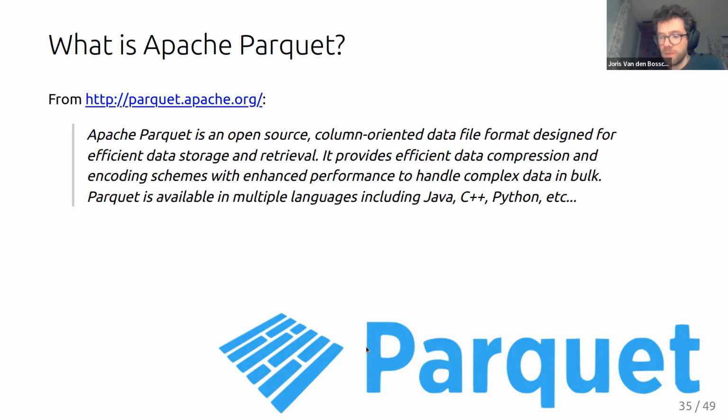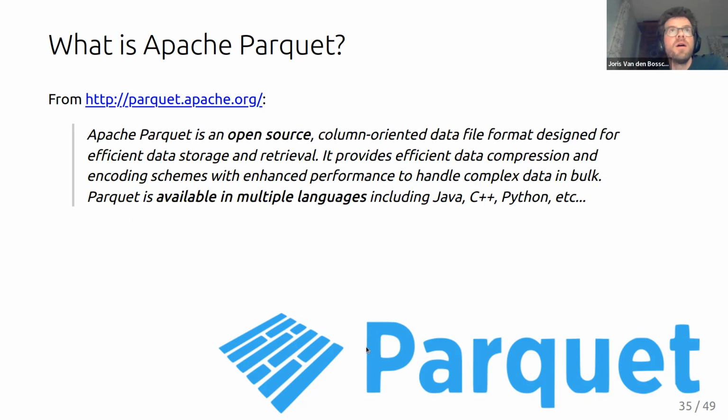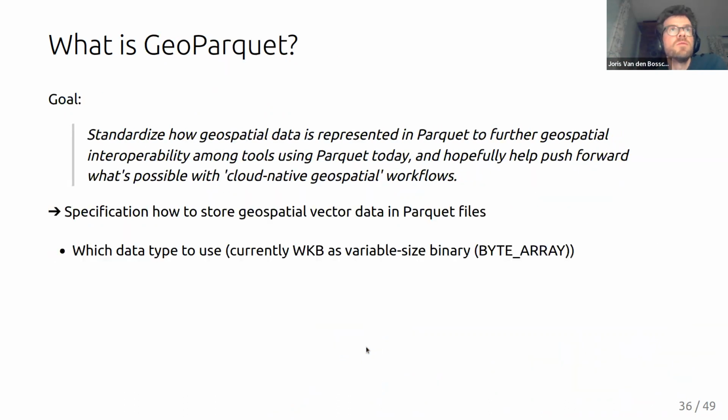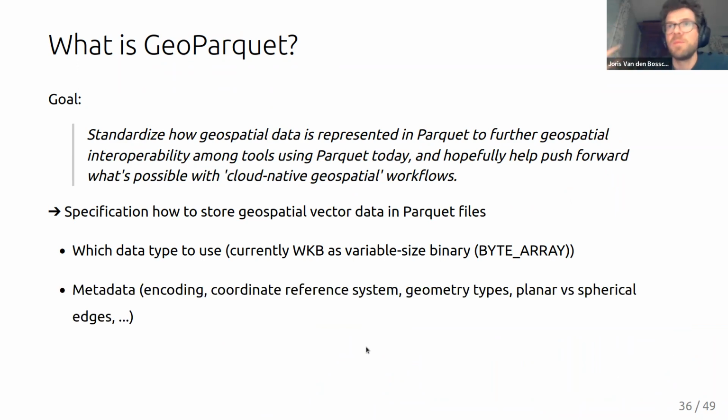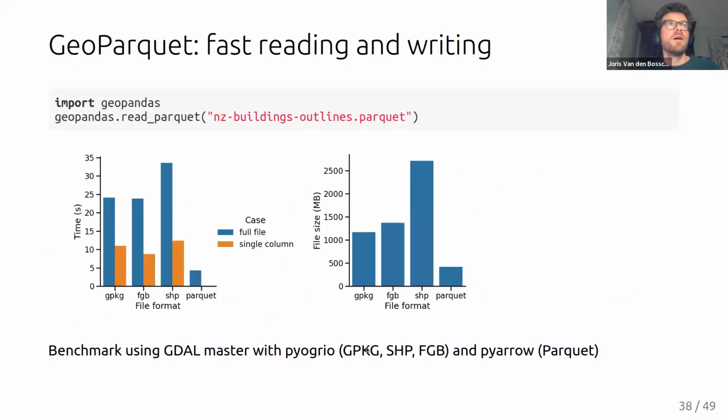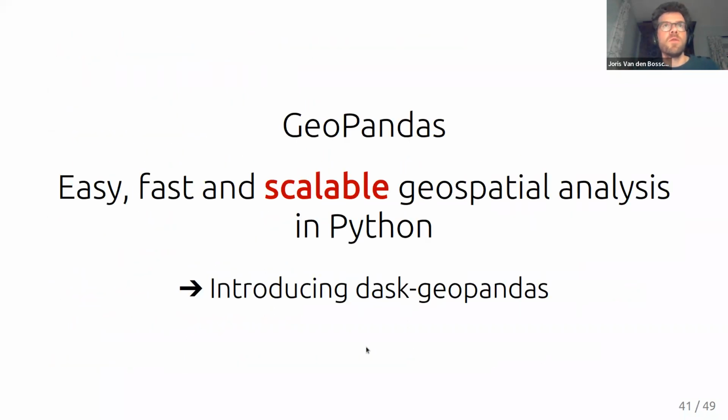And that's basically what GeoParquet has become, just an agreement on metadata, on how to store geospatial data. So currently using well-known binary, but we are planning to expand on that, and on the coordinate reference system, etc. I wanted to mention this as well as a nice improvement in the ecosystem when it comes to file formats specifically for vector data.